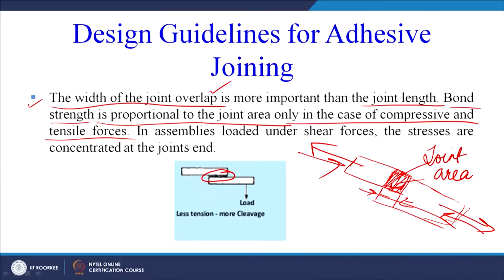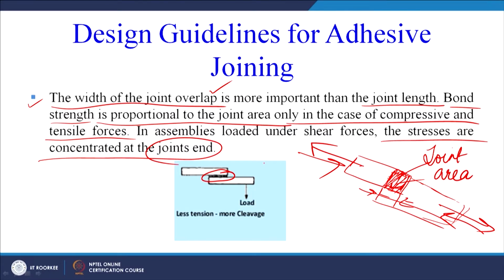For example, this type of shape is mostly going to be loaded under a tensile loading environment only. So we can work on the joint overlap area, which is going to significantly affect the performance or the bond strength of the joint. Whereas if the product is going to be loaded under shear, the most dangerous area will be at the edges. So in assemblies loaded under shear, the stresses are concentrated at the joint ends.